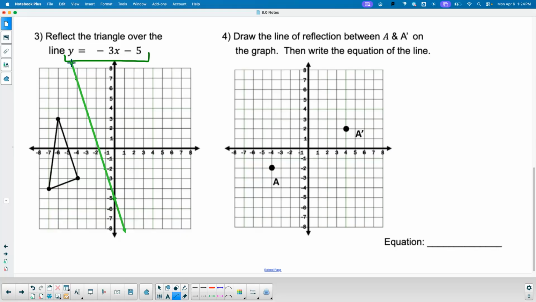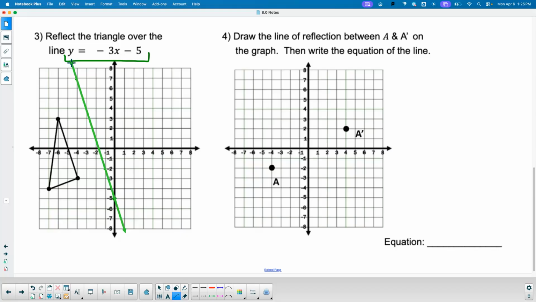Now, thinking back to just before break, we were dealing with lines of reflection. What was the key word? It's a P word when we're dealing with a line of reflection. Perpendicular is that word, yes.